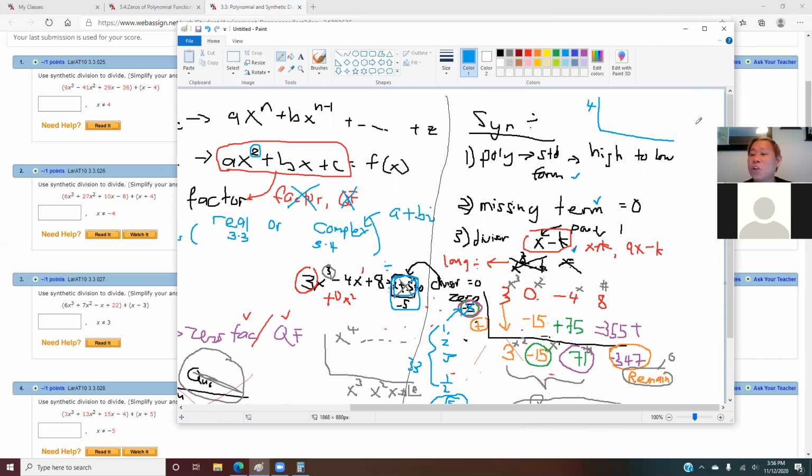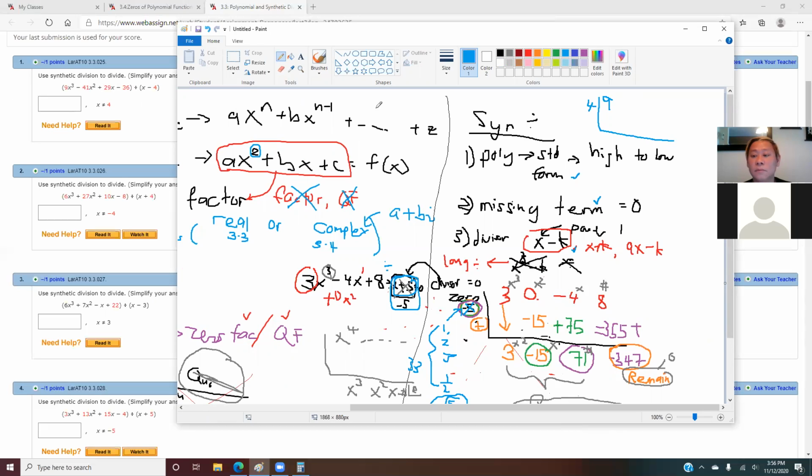What are the coefficients you have to put in here? Remember last time I put 3. So you have to put 9. What else? Look at this, this is your question.